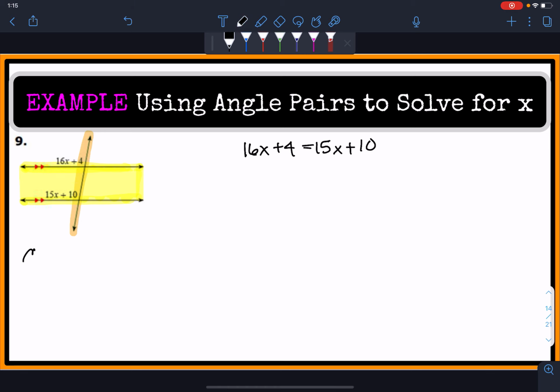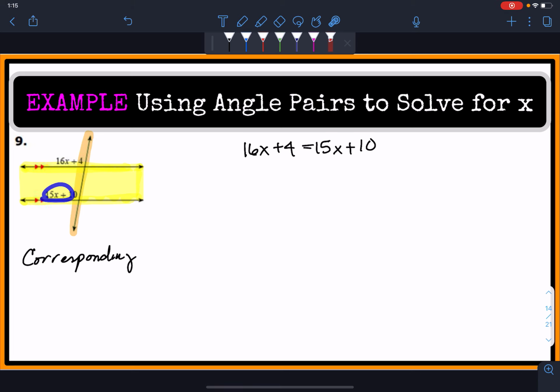So this again is the corresponding situation. Another way to determine that they're corresponding is by looking at the placement of each angle. Since we end up creating 4 angles up here using this line and the transversal, 1, 2, 3, 4, this angle is on the top left hand side among the 4 angles.